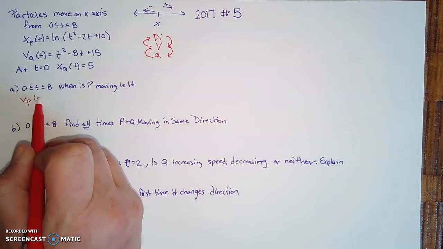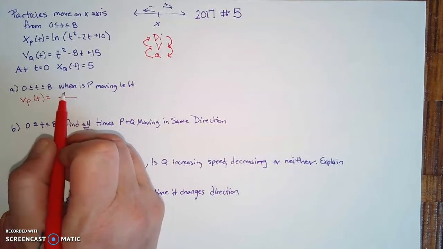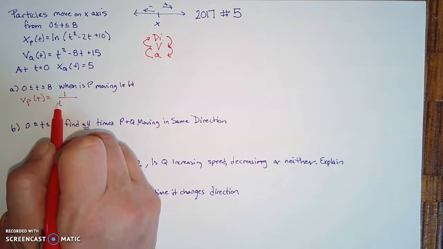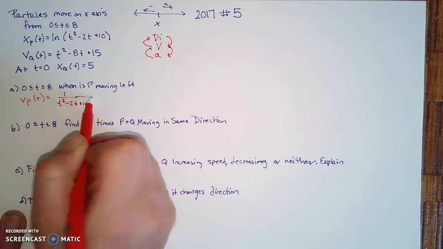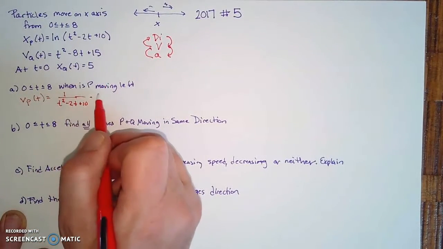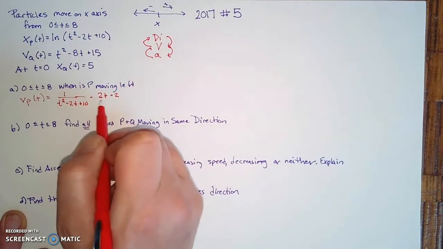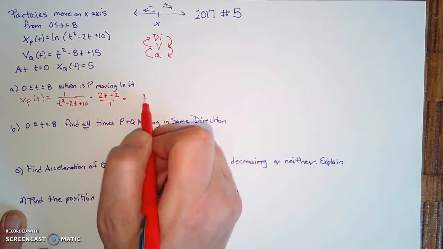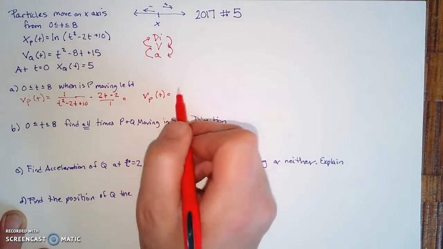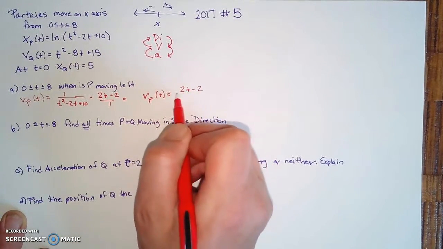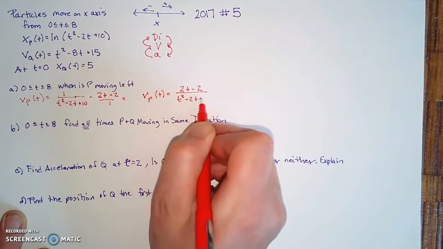Velocity of P would be the derivative of the statement above, which is 1 over the something, since ln of something gives 1 over the something, times the derivative of the inside, which is 2t minus 2. I'm going to turn that into one fraction. V sub P, the velocity of P, equals 2t minus 2 over t squared minus 2t plus 10.